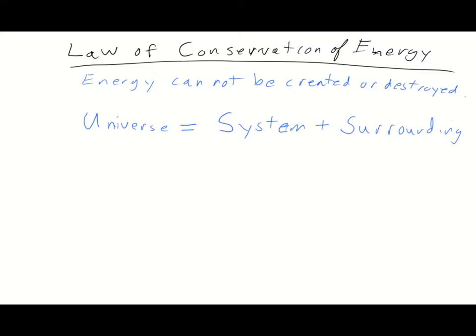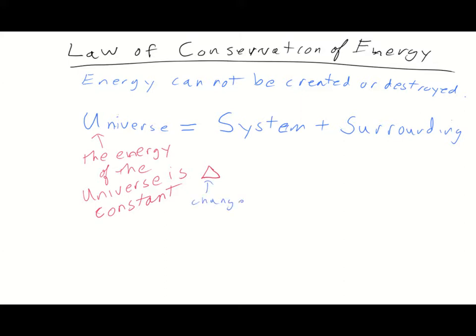And since energy can't be created or destroyed, that means that the energy of the universe is constant, which is another way of saying the change, remember, triangles in chemistry mean change, the change in the energy of the universe is equal to 0.